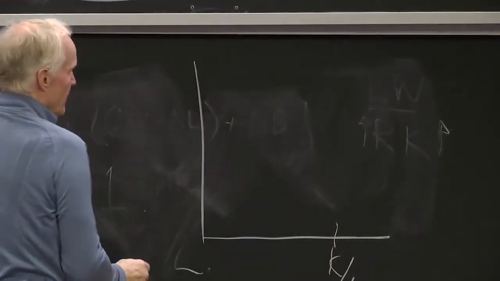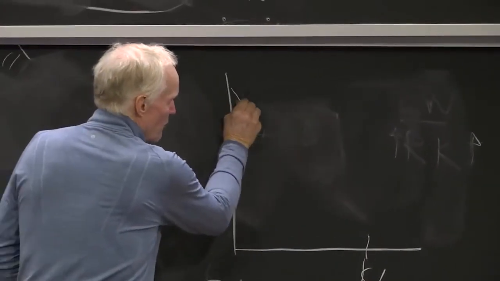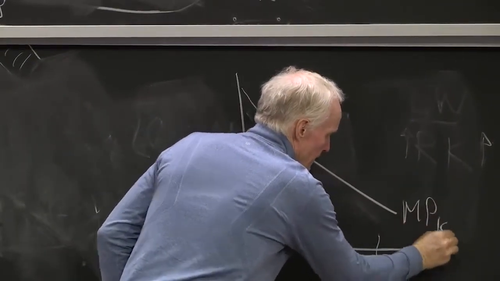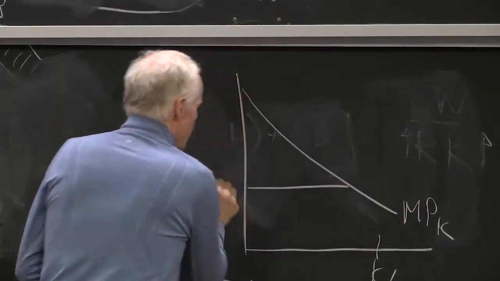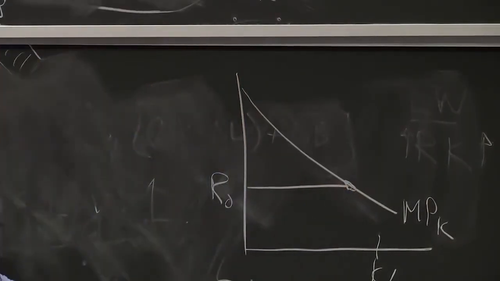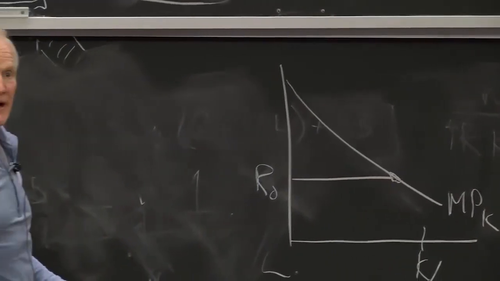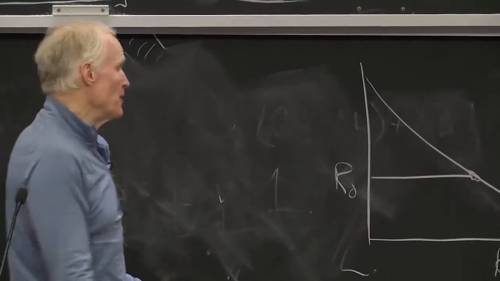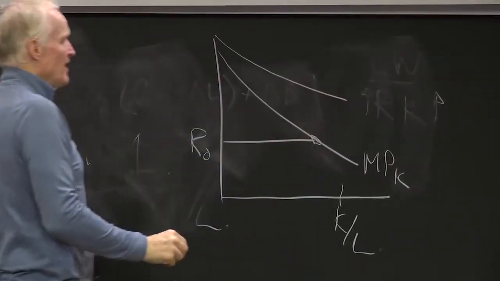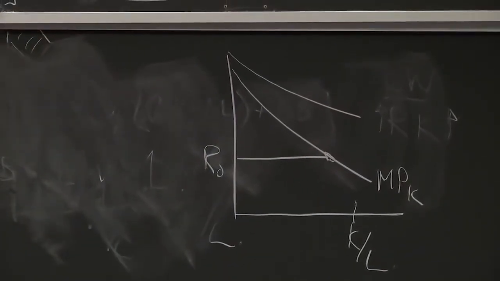Here's our old marginal product schedule of capital, and here's R. That's our initial. If you had technological progress that was really biased toward capital, what would it look like? Well, it might look like this. That would be technological progress that would be really biased toward capital.